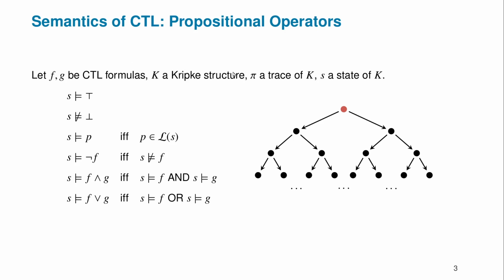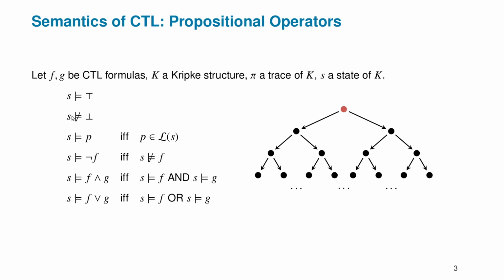So if we have a propositional operator as the topmost symbol, then we do the evaluation with respect to the current state. So we have given a Kripke structure, and this Kripke structure has a state S, and we want to know if the formula we currently consider holds in S. If the formula is simply top, this truth constant, then it always holds.